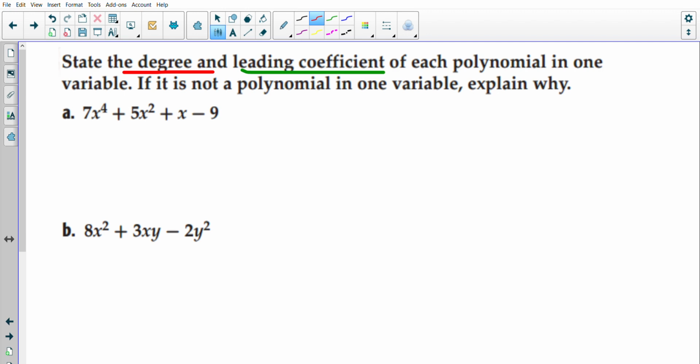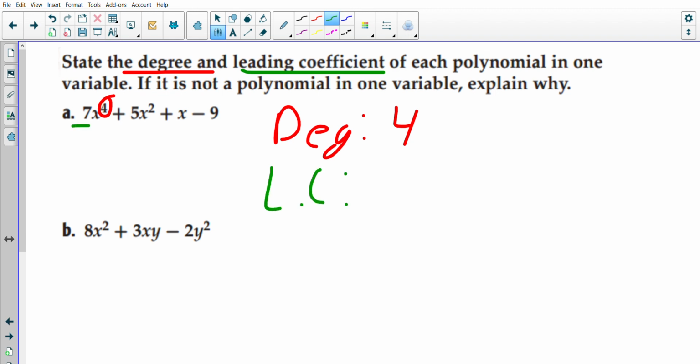There's no negative exponents, and there's no square root x exponents. There's no variables in the denominator. So this is a polynomial in one variable. Our degree would be our x to the fourth, so it's a fourth degree, and its leading coefficient, I'm going to put LC, is the number in front of that, which is 7.